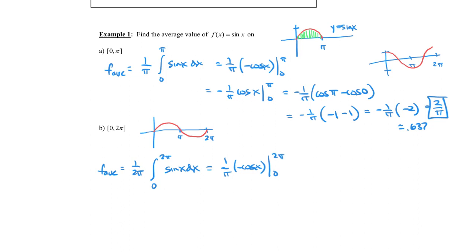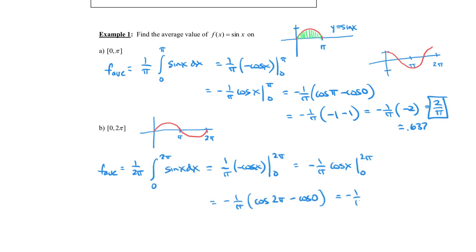I'll once again just pull out the negative, to make it easier to deal with: cosine of x from 0 to 2 pi. This will give us cosine of 2 pi minus cosine of 0.